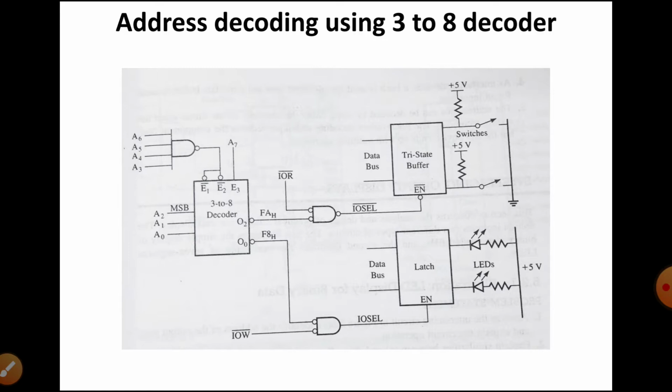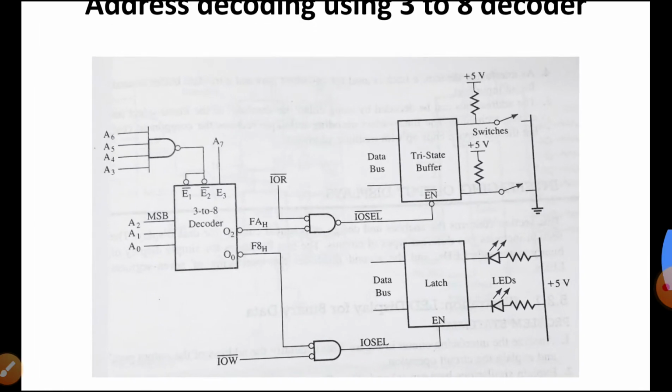Now this particular figure in front of you is the address decode using a 3 to 8 decoder. This demonstrates a circuit in which a 3 to 8 decoder as well as a 4 input NAND gate is used to decode the address bus. The decoder has 8 output lines, thus we can use any one of these lines to generate the device address for a particular device.